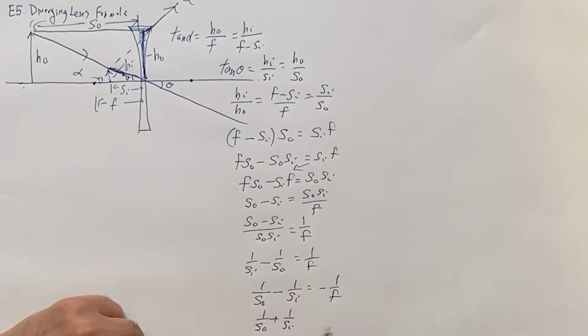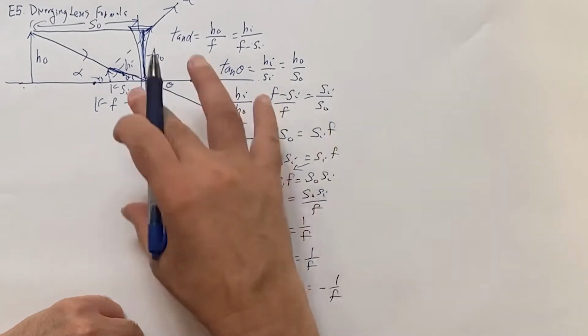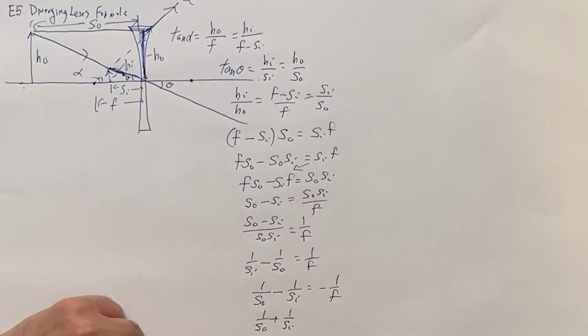The way I set this up originally, SI was positive, but now I'm using convention, and SI being negative, that becomes positive.